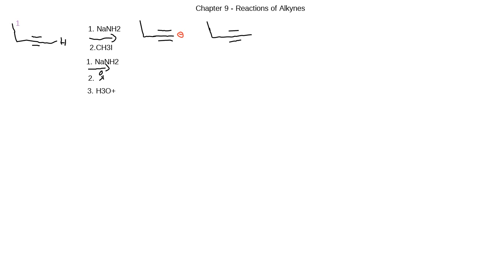So there's carbon 1 right there, 2, 3, 4, okay? And then in our final one we have 1, 2, 3, 4, 5, okay? The fifth one came from our reagent, okay?